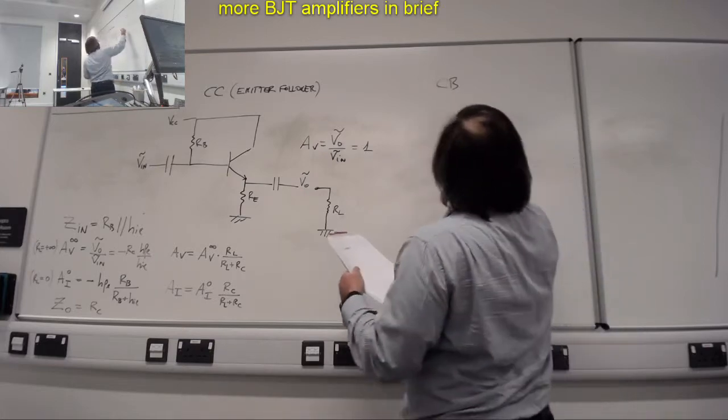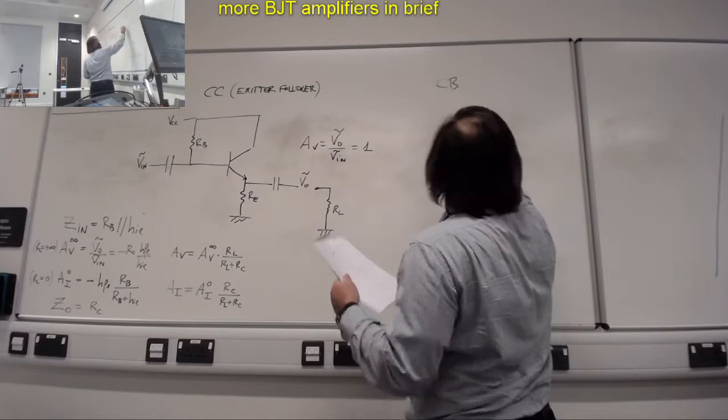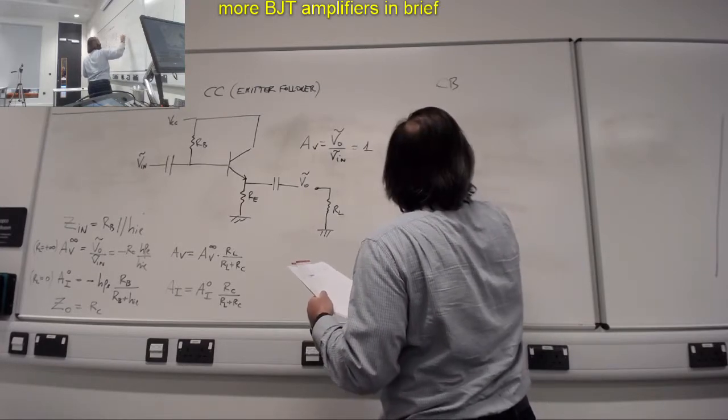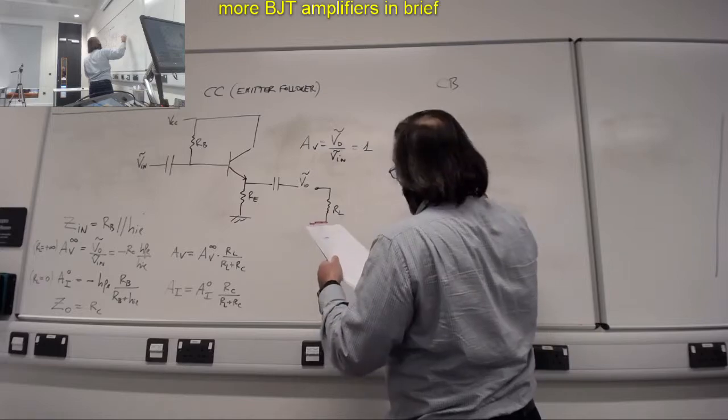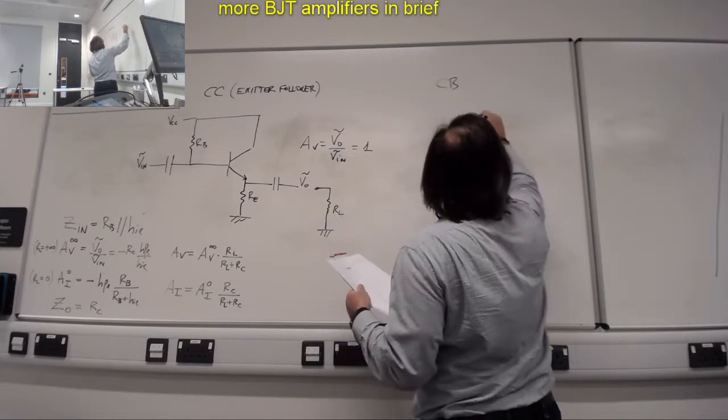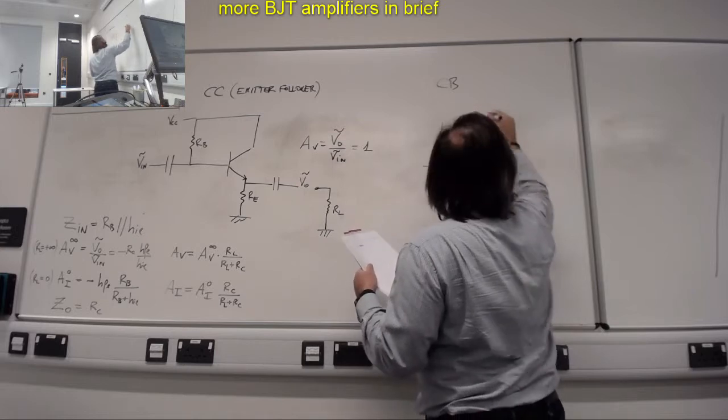I'll first draw it and then I will talk, because otherwise it's weird. So we have something like this, a power supply that we call VE. Then we have our BJT.